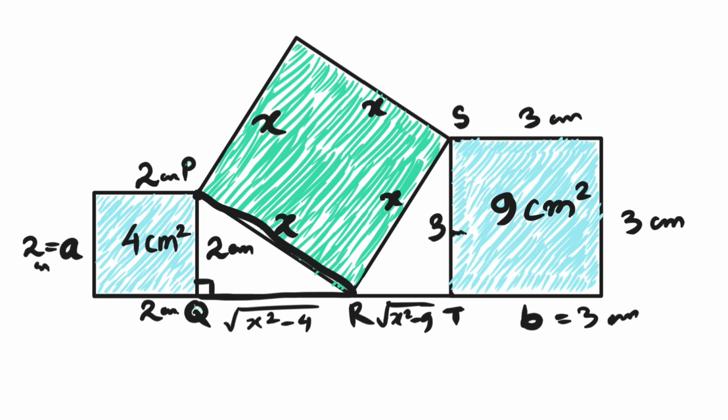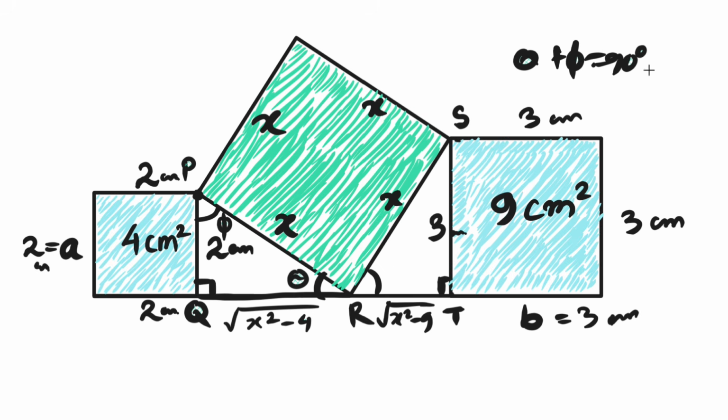Also, the angles inside these right triangles are related because each triangle contains a right angle. The 2 remaining acute angles in any right triangle are complementary, which means their sum is 90 degrees. So, if one acute angle is theta and the other is phi, then theta plus phi equals 90 degrees.